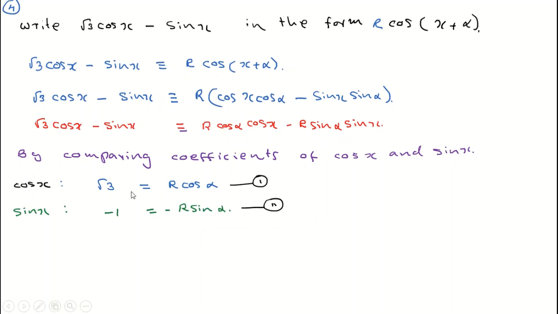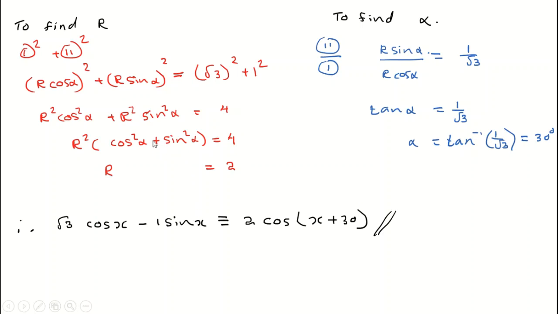So we can make this equation plus. When you square those two and add, r cos alpha squared plus r sin alpha squared is root 3 squared plus 1 squared. R squared is taken out, cos squared plus sin squared is equal to 1. So r squared is equal to 4, r is equal to 2.